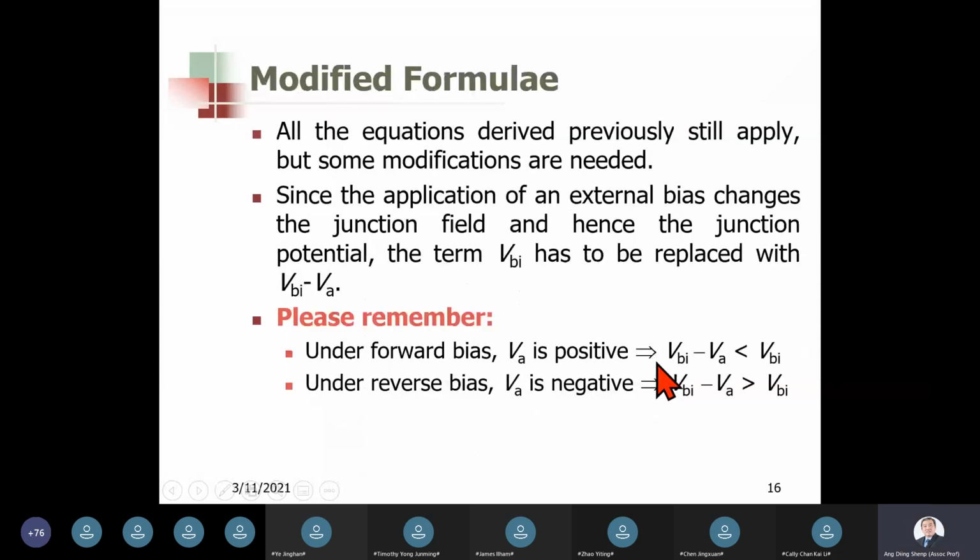So now we understand conceptually why the PN junction blocks current flow in one direction, whereas it allows a very large current to flow in the other direction, the forward bias direction.